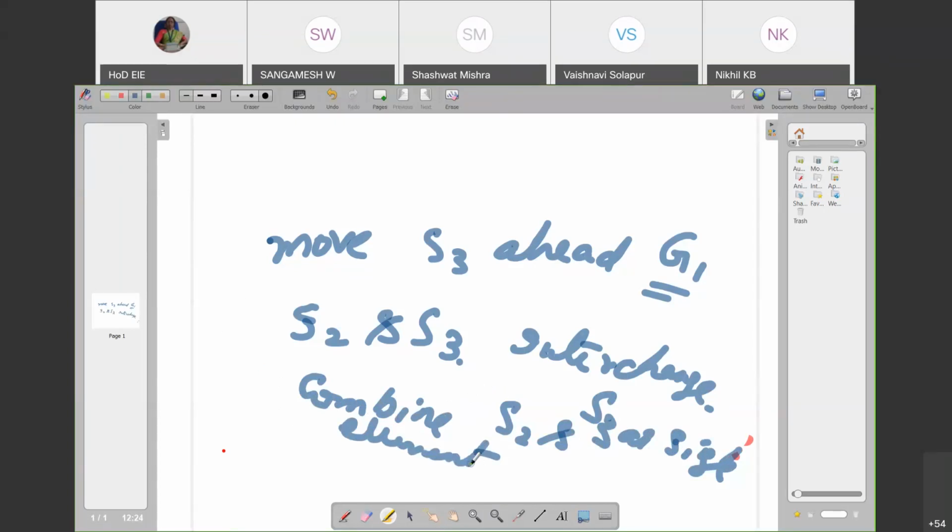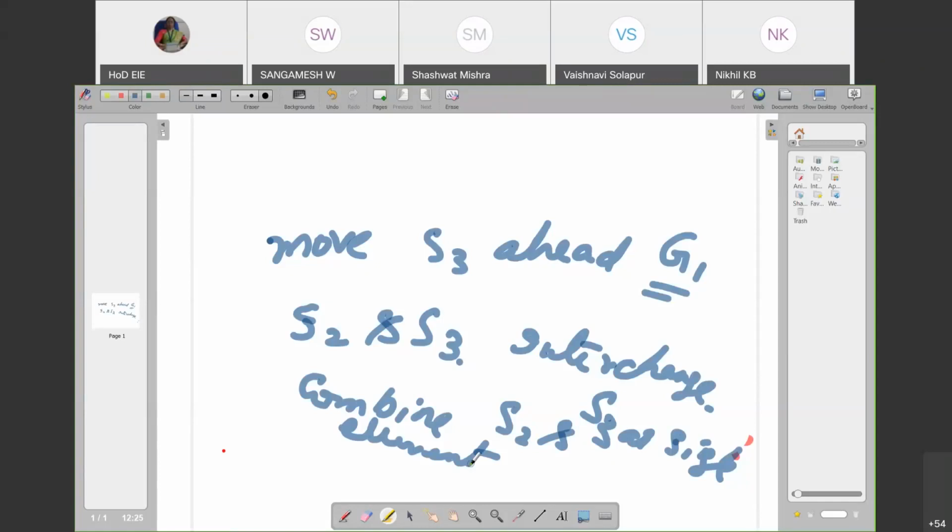So to make it a single element, when you do so, you would be having some elements in cascade in the forward path, and you will be having one element in the feedback path. You have to find the gain of that. So you will get rid of another summing element.